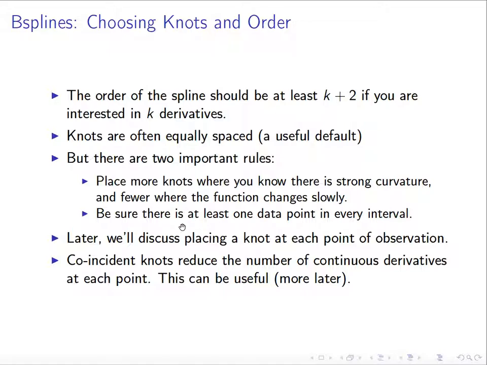Later on we will discuss a very simple principle: we will put one node at each point of observation. For example, if we have 100 time points with observations, we will put 100 nodes.